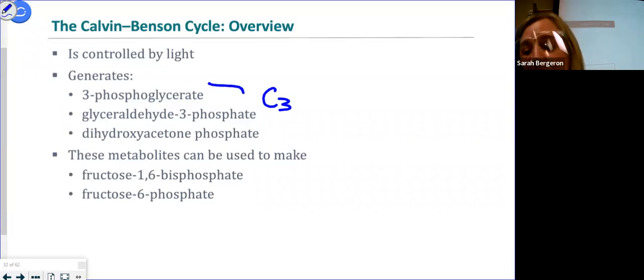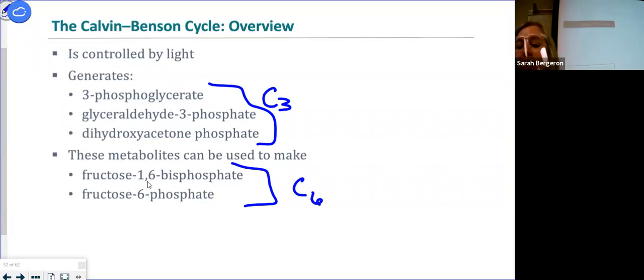You have 3 different 3-carbon sugars that are going to be generated from the Calvin cycle. 3-phosphoglycerate, glyceraldehyde 3-phosphate, and dihydroxyacetone phosphate. Each of these 3 can be used to make 6-carbon sugars. So C6. Fructose 1,6-bisphosphate and fructose 6-phosphate. All right.